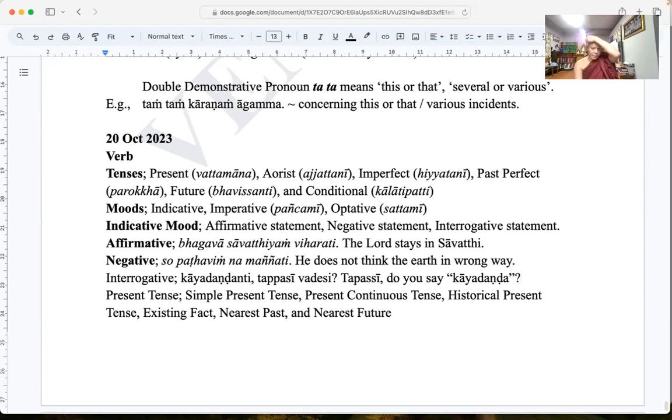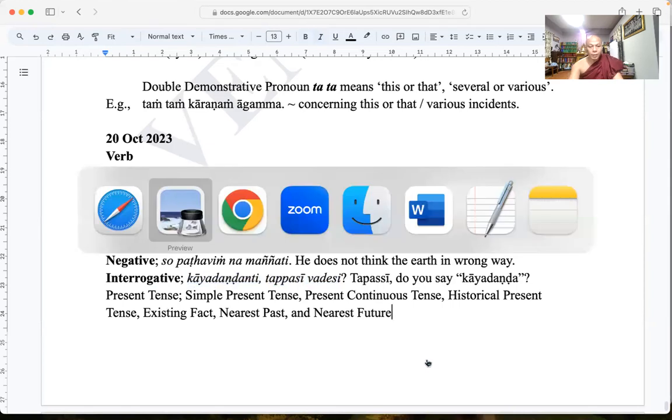Do you say "Kaya danda" in this way? That one is also based on the context, so it can be understood as a question. So let's see.